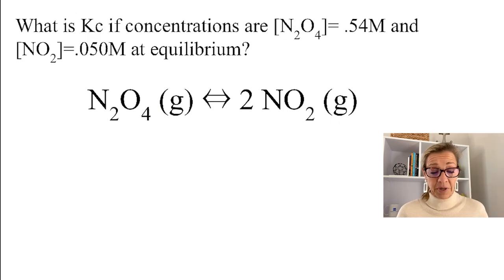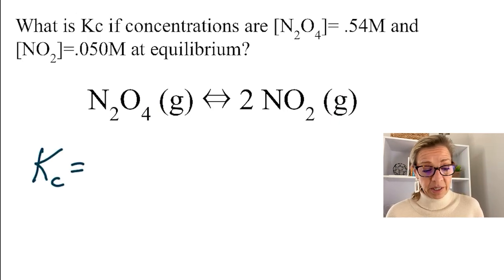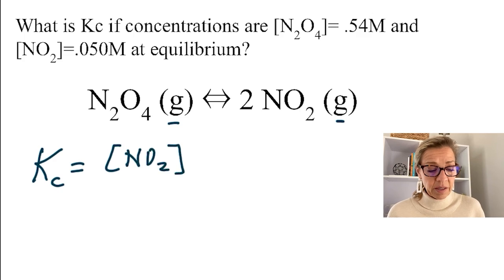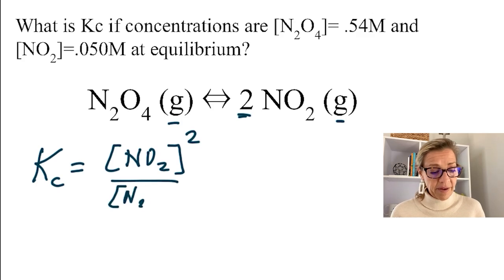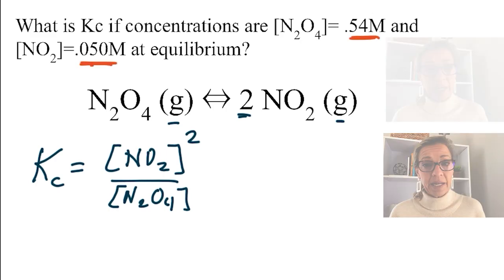Here's an example. Here's a reaction at equilibrium. And so let's write the Kc expression. Well, the products here, both gases, right? Gas, gas. So everybody is included. On the top, we have NO2 brackets, and then we're going to raise that to the second power because of that coefficient. And then on the bottom, we have N2O4. Now, in this problem, we're actually given the concentrations at equilibrium.